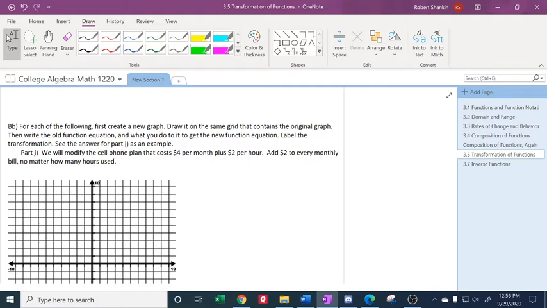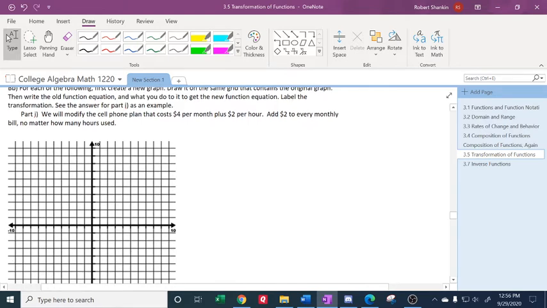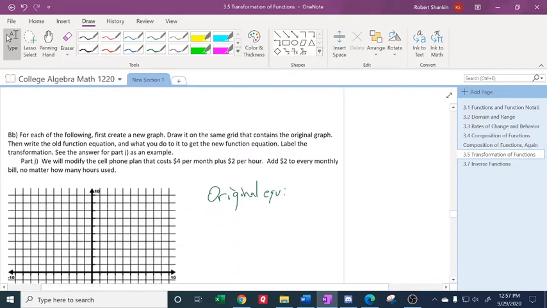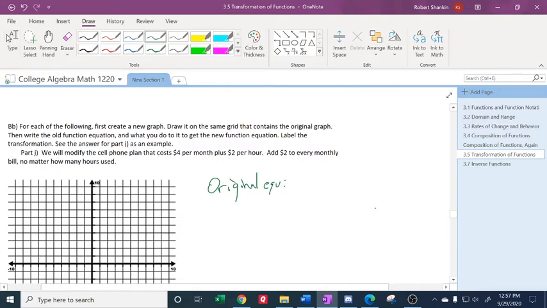Okay, we'll modify the cell phone plan that costs $4 per month plus $2 per hour. Right, so the original equation is the one we just had, right up here, y equals 2x plus 4. Now, it says add $2 to every monthly bill, no matter how many hours were used.